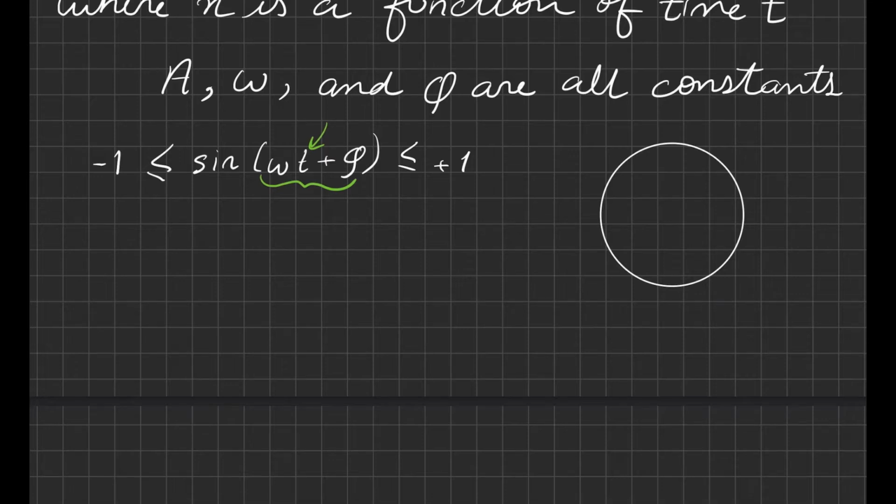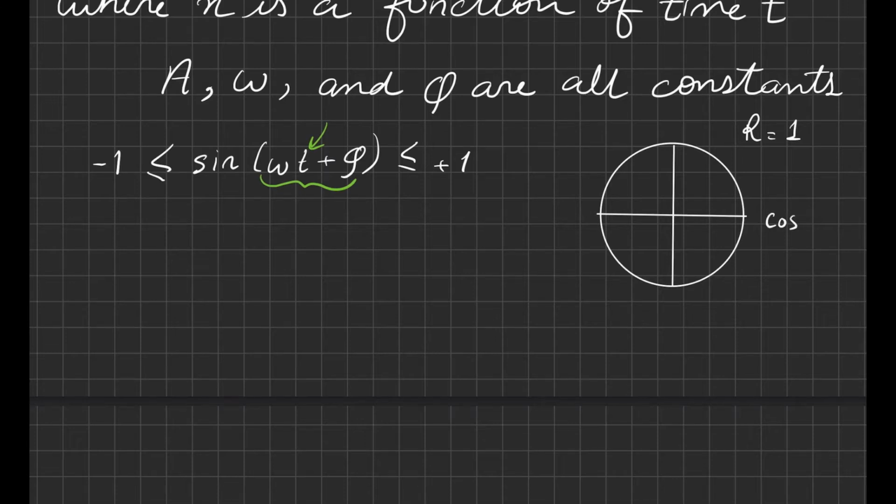So the trigonometric circle is just a circle which has its radius equal to 1. So it's a unit circle, unit because the radius equals 1.